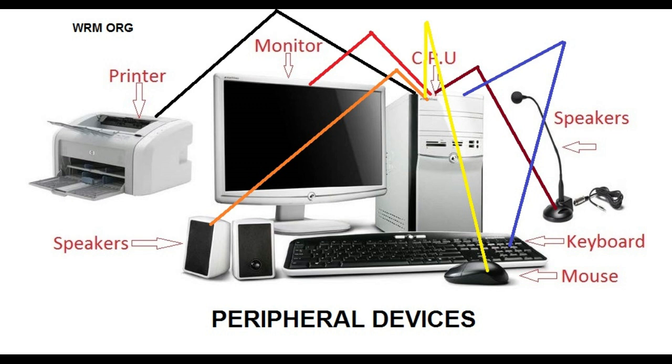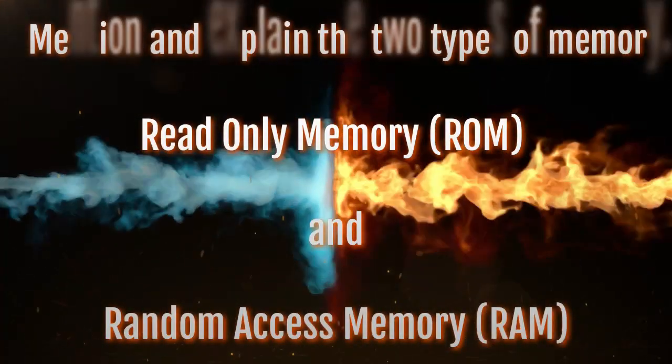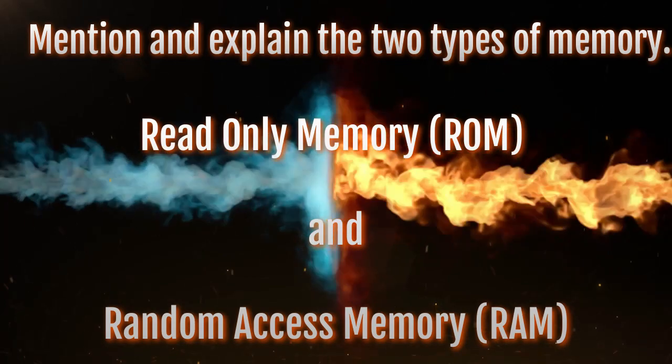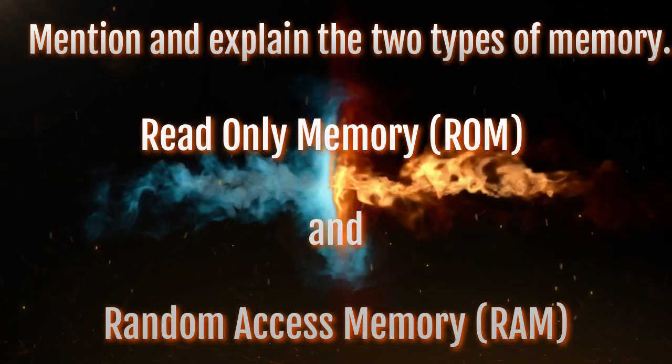Now let's go to ROM and RAM. ROM stands for read-only memory. ROM is the permanent memory of the computer, which retains information even when the power is switched off.